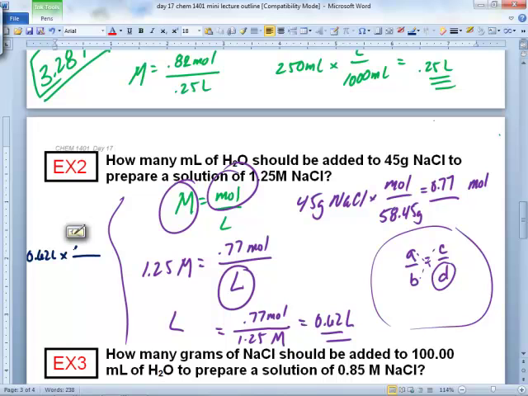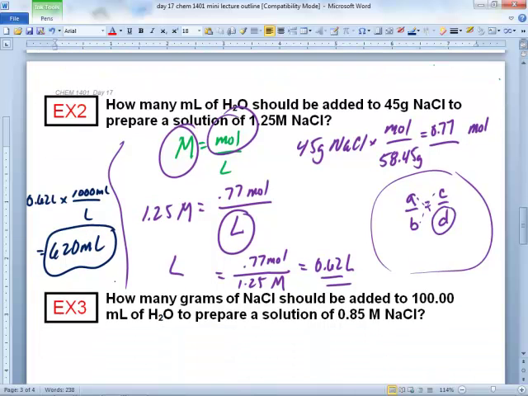And then just do it on the calculator. It's too easy to screw up, because you did all this work, you don't want to mess it up on the last step. So that's what, 620? Everybody follow?